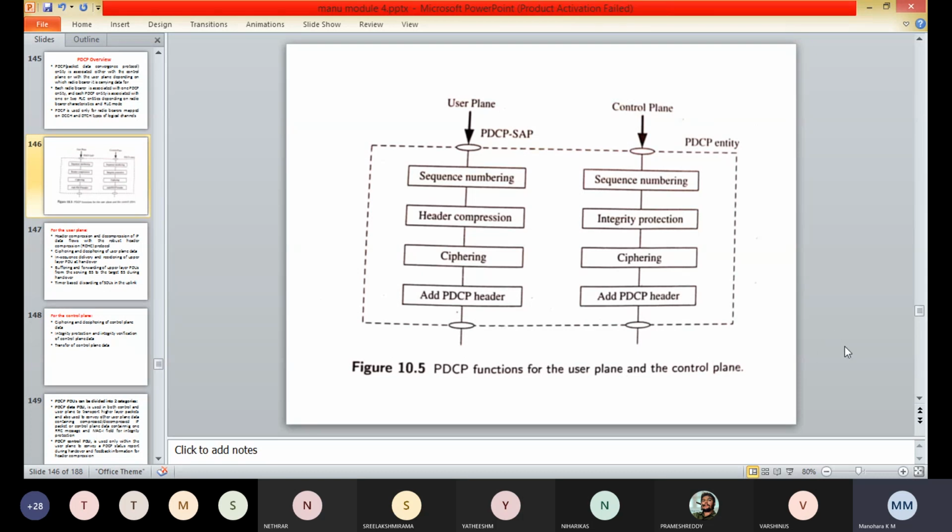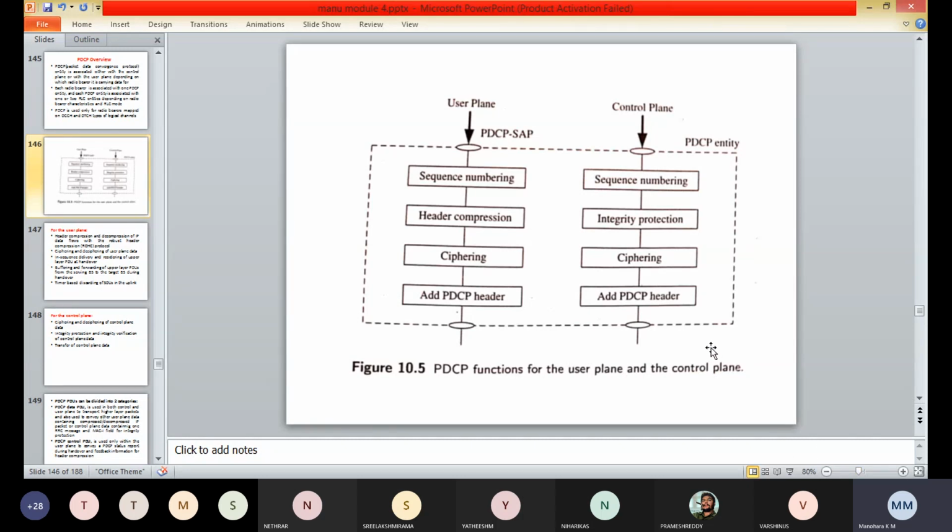It is used to convey either user plane data containing a compressed or uncompressed IP packet, or control plane data containing one RRC message and a message authentication code for integrity, that is the MAC-I field, for the integrity protection.